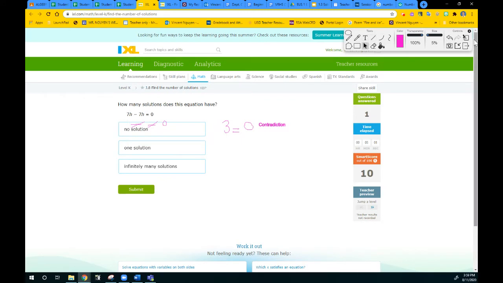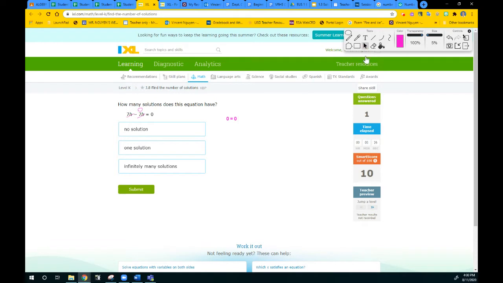I think I'm going to use text instead because I don't really need to show you anything. I do need to show you the cancellation. If I take 7h and I subtract 7h, I would end up with 0, right? I would end up with no more h. And then I end up with a statement that says 0 equals 0, because the left-hand side is 0, the right-hand side is 0.